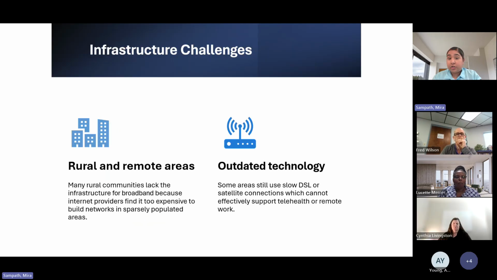So, of course, there are infrastructure challenges, right? In rural and remote areas, many rural communities lack the infrastructure for broadband because internet providers find it too expensive to build networks in sparsely populated areas. So, oftentimes for internet providers, it's really difficult to find that initial capital that they need. It's a pretty significant investment if there's no infrastructure at all in rural areas.